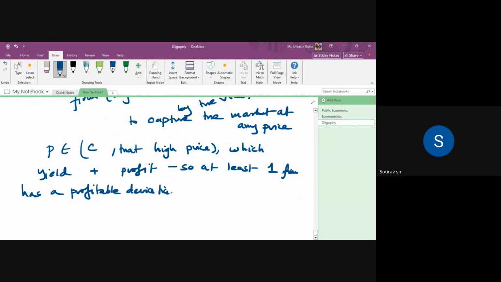Therefore, P1 is equal to P2 is equal to C is the only Nash equilibrium.